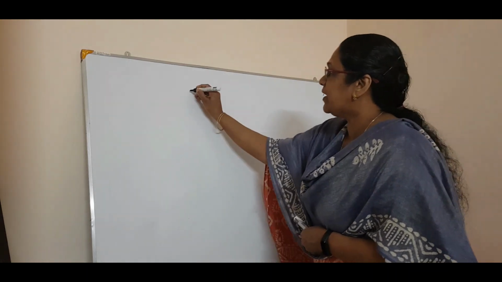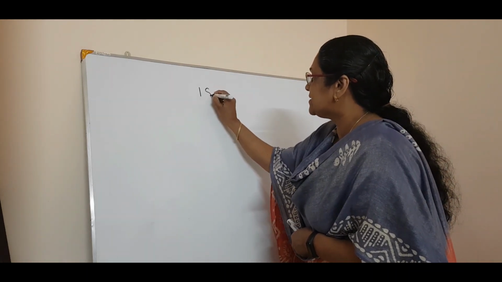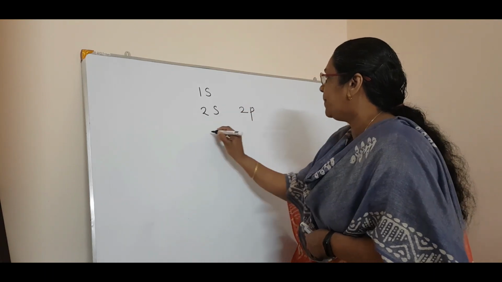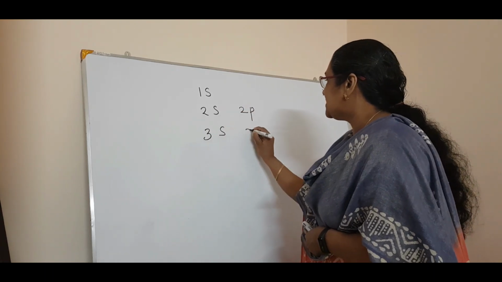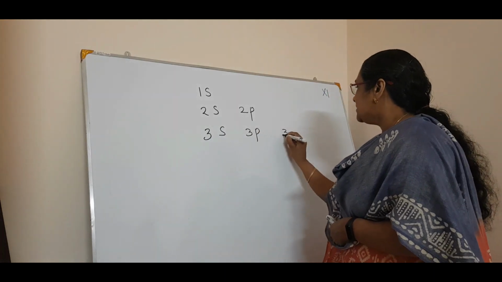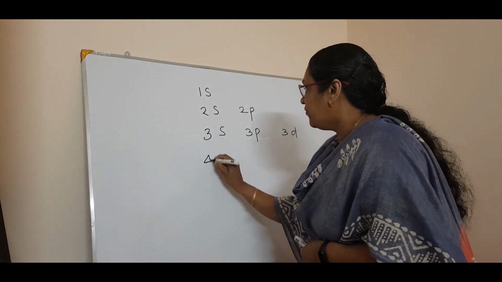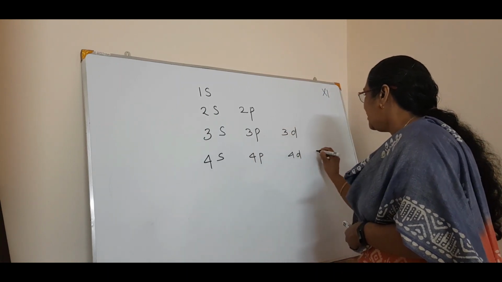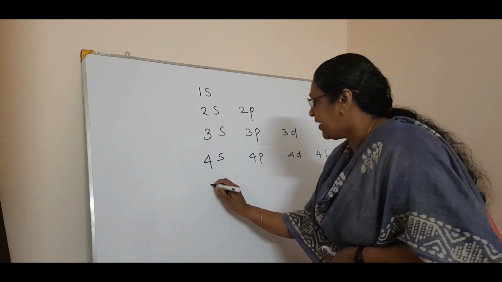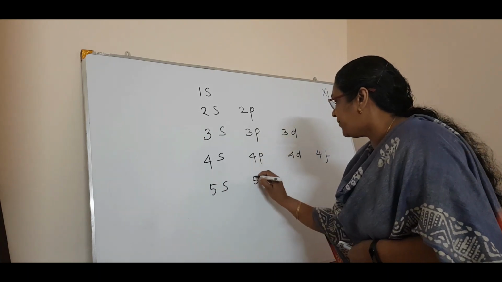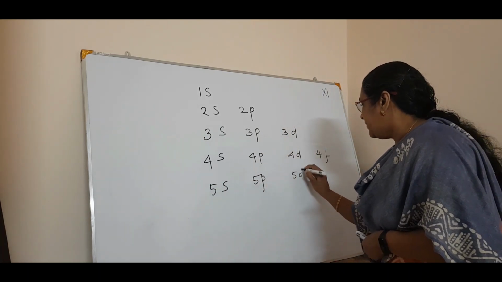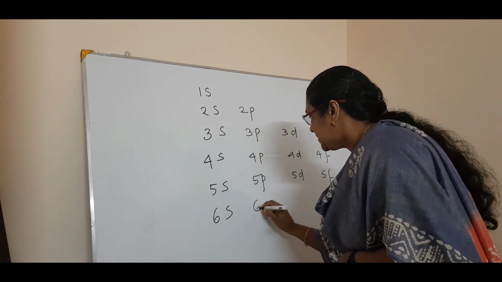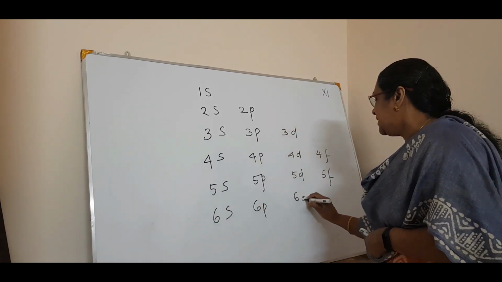See, first you have 1s. Now this is 2s, 2p, 3s, 3p, 3d, 4s, 4p, 4d, 4f, 5s, 5p, 5d, 5f, 6s, 6p and 6d and so on.